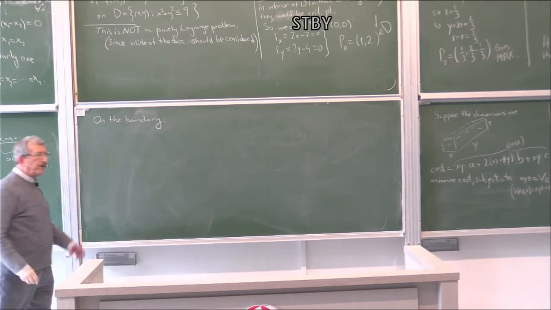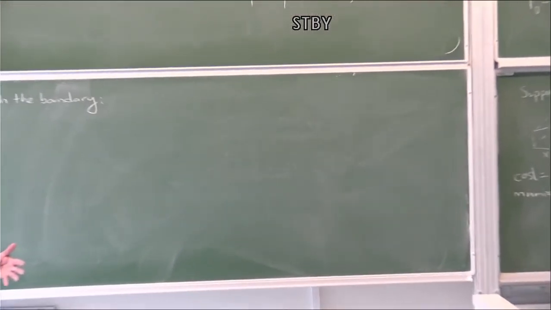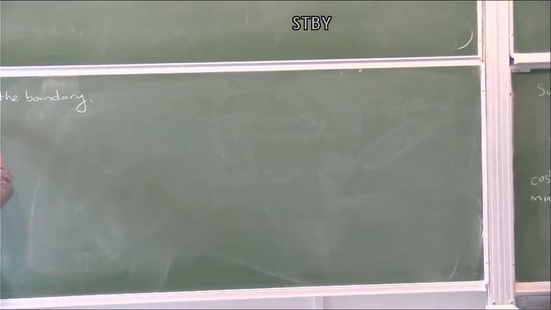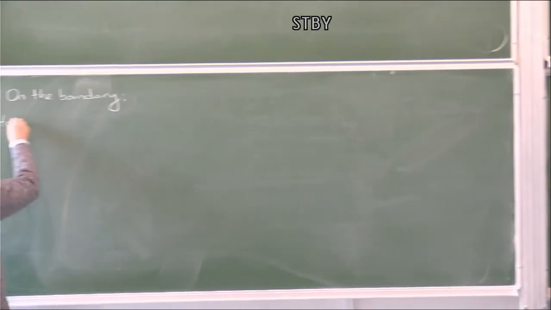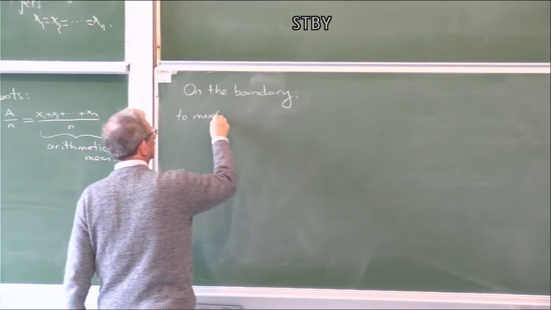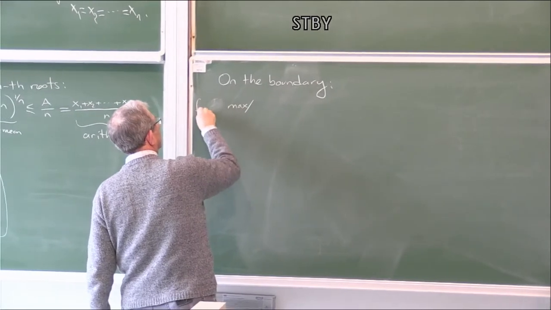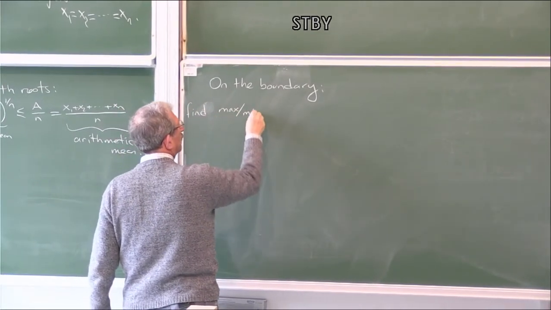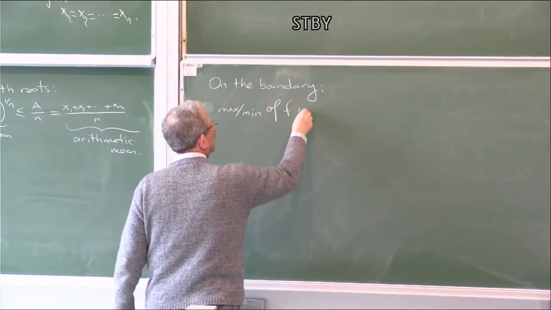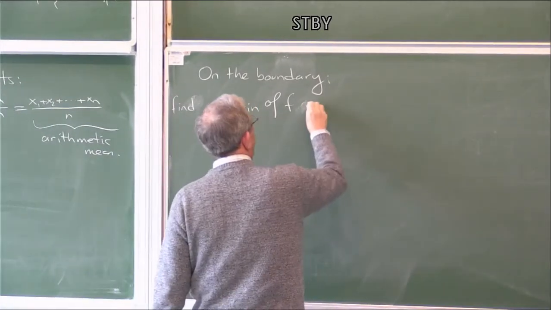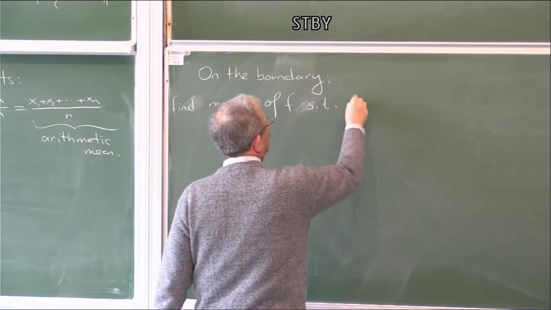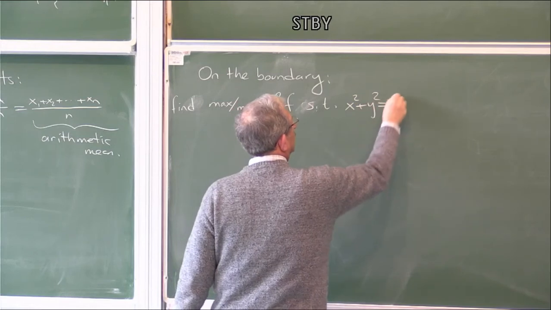Now, on the boundary, of course, this is a Lagrange problem. So the question now is, okay, to find maximum and minimum of f, such that x squared plus y squared is 9.